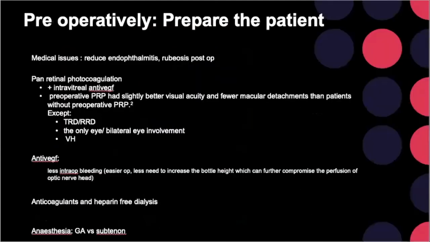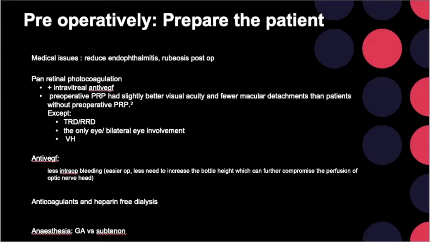When we prepare the patient in our setting, medical issues are still one of the major issues that we have to deal with. Now, the importance of pan-retinal photocoagulation is still very important, although we have the intravitreal anti-VEGF nowadays. There are still studies saying that preoperative PRP has a slightly better outcome compared to those without the PRP.